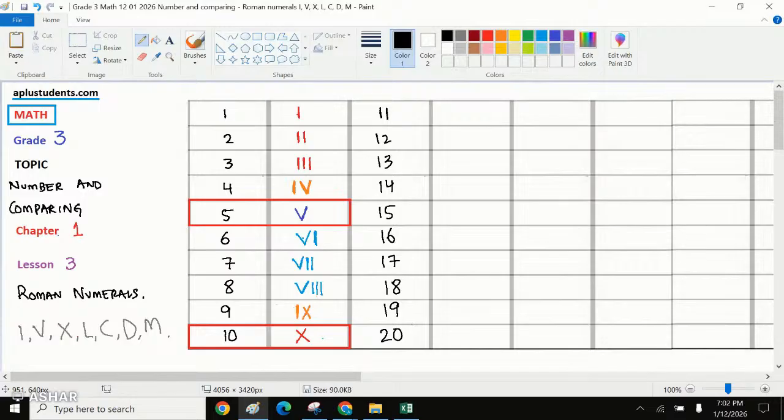What happens here is, 11 is how much added to 10? 11 would be 10 plus 1.